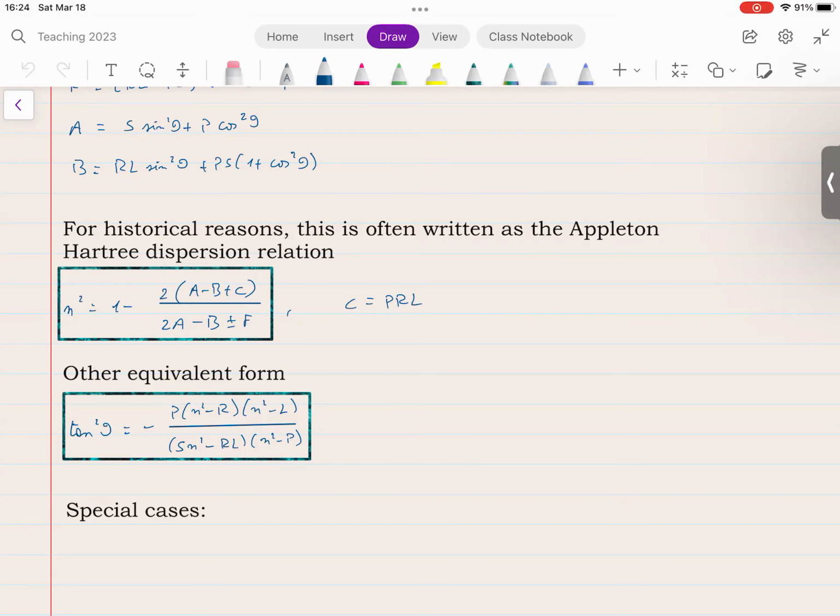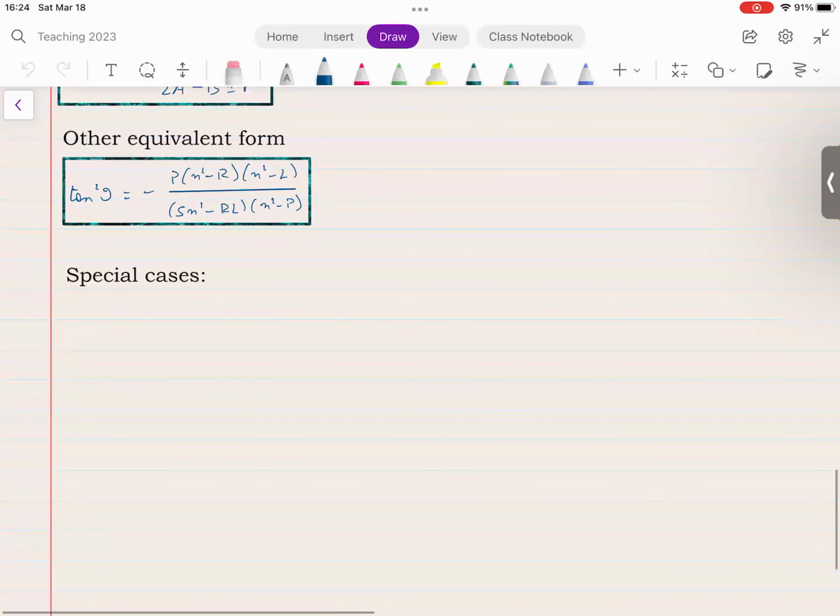And those are going to be given by theta equals 0, which is a case where P is 0, n square is either equal to R, or, oh, sorry, change notation.